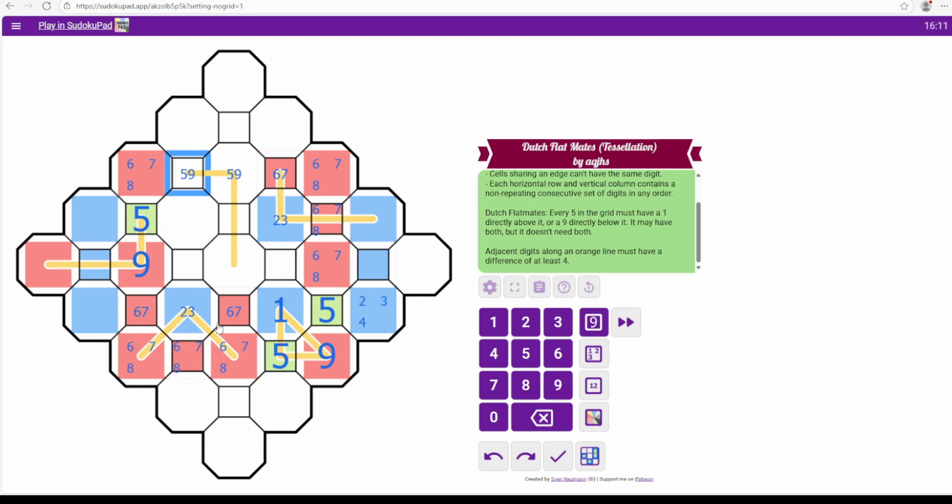Okay. So this one, that one can't be 6, 7, or 8, right? Now, I don't think we've got any other major restrictions apart from that. We know for definite there's a 5 on here.